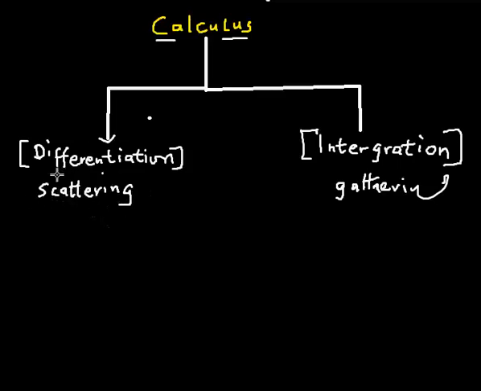In integration we gather small amounts of change to produce a substantial rate of change. So in integration basically we do gathering. That is the basic difference between them, and the two are opposites of each other.